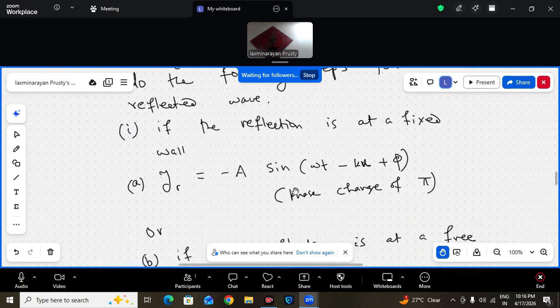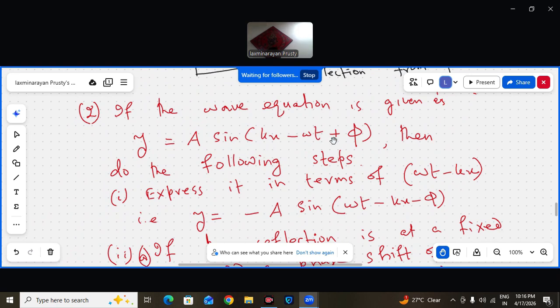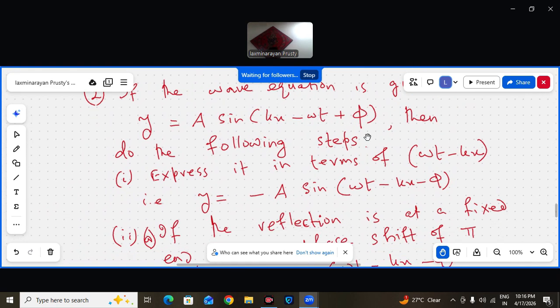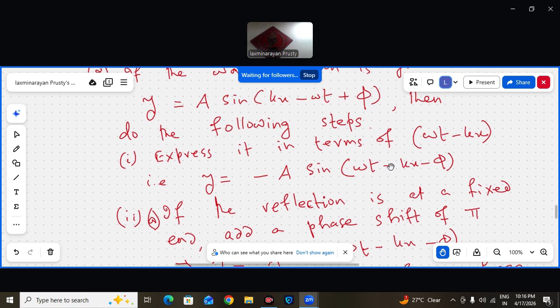Again I am saying, if it is sine kx minus omega t plus phi, then first you take minus A sine omega t minus kx minus phi. After that, a phase change of pi if it is a fixed support. So minus minus becomes plus, and kx will be made positive since the reflected wave is traveling to the left, and minus phi as it is.